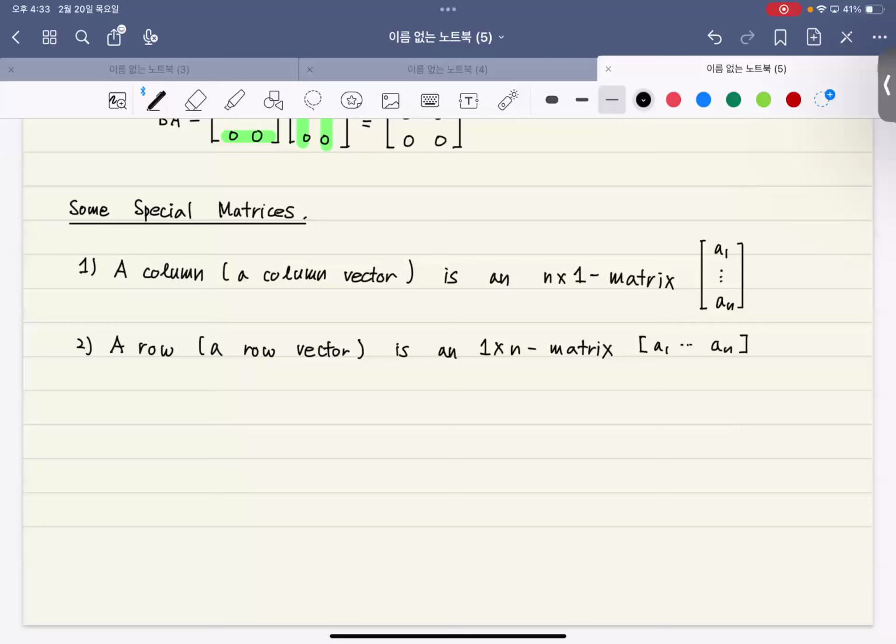Using the notion of row vector and column vector, I can think of matrix multiplication in this way. Suppose that I want to multiply these two matrices. A has dimension m by n, and B is n by l. Let me consider matrix B as a collection of column vectors.